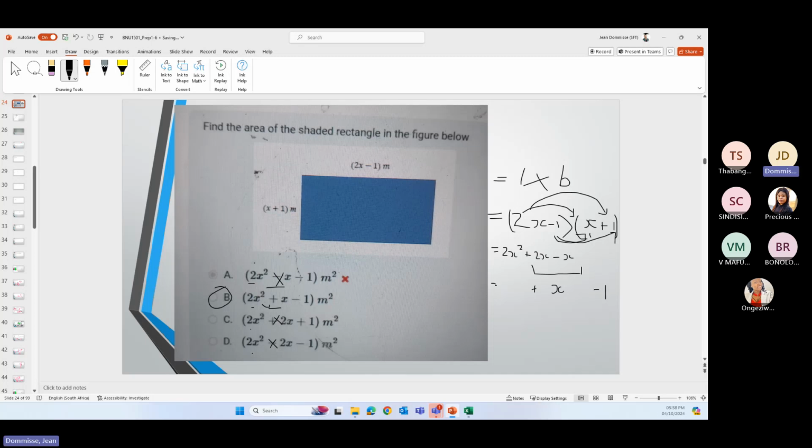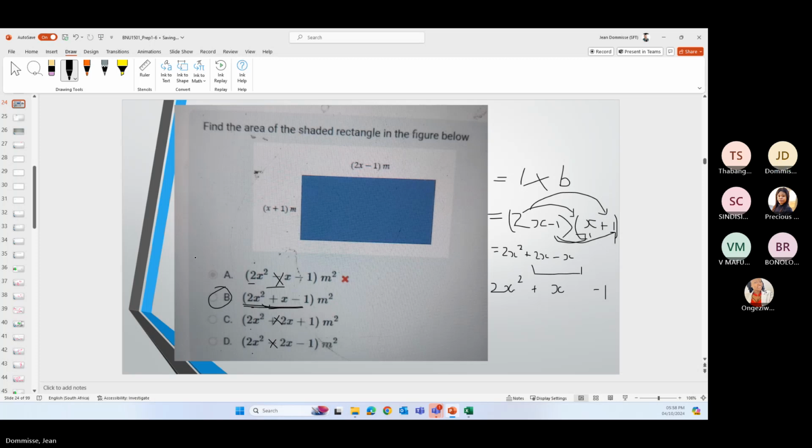So our final answer then is 2x to the power of 2 plus x minus 1, which is option B. Okay, so what we used here is a bit of knowledge of how to work with your area, and then that you need to basically put the formula into that area and work out and then simplify.